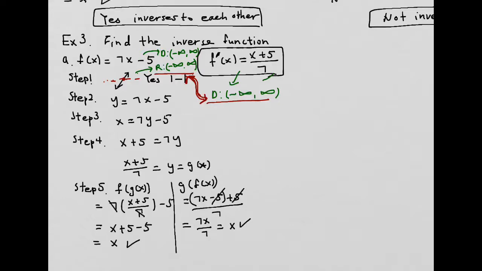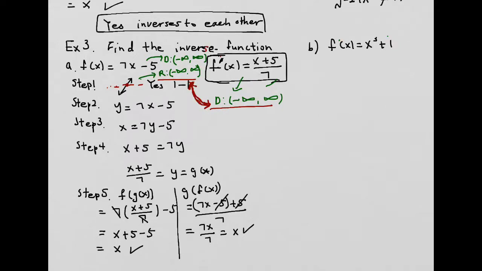Because finding a domain is easier, if you can find the domain of the inverse function, that becomes the range for the given function. It means the domain of the given function will become the range of the inverse function.